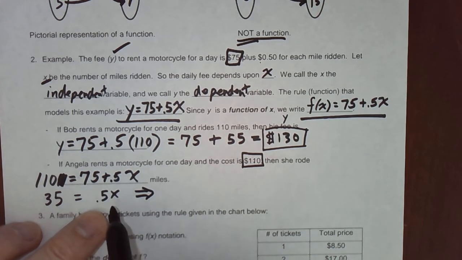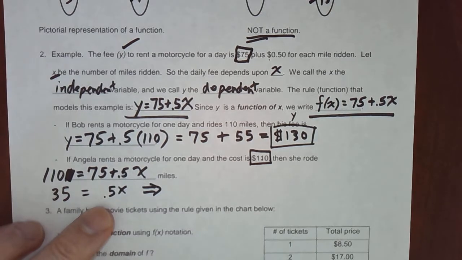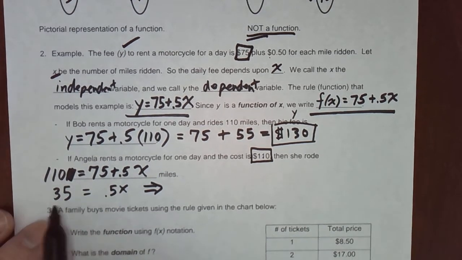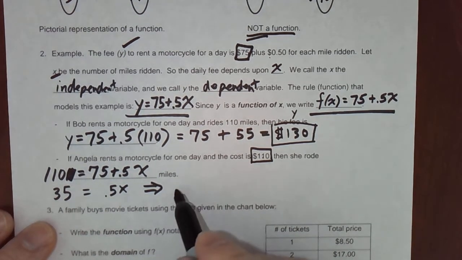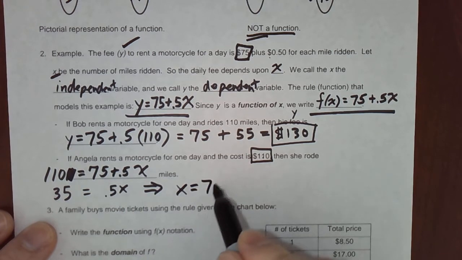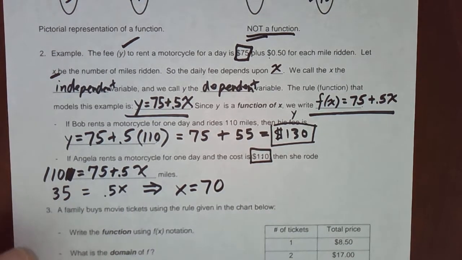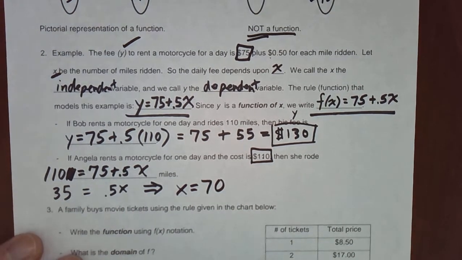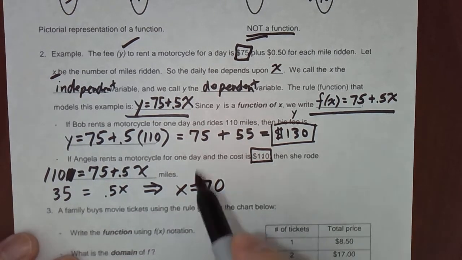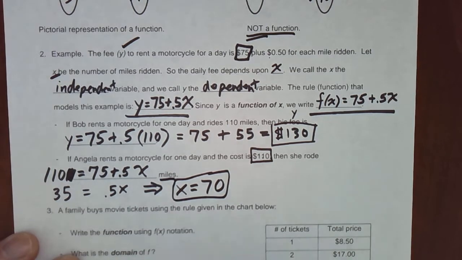I'd like for the coefficient of the x to be a 1. If I double 0.5, it turns into a 1. So I'm going to double both sides to get x equals 70. And I reversed the order there. I put the x on the left-hand side. So x equals 70 is the number of miles. That's the correct answer.